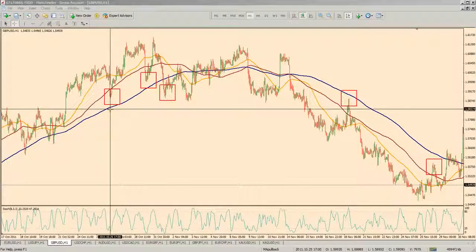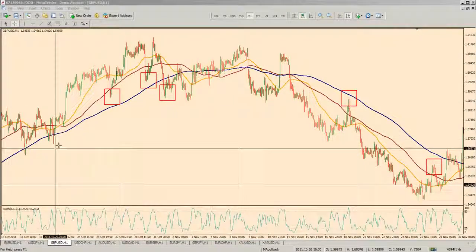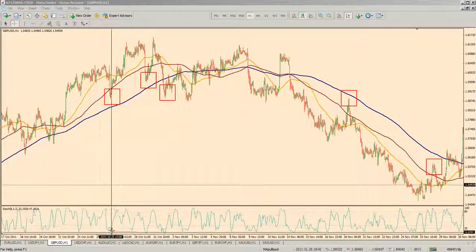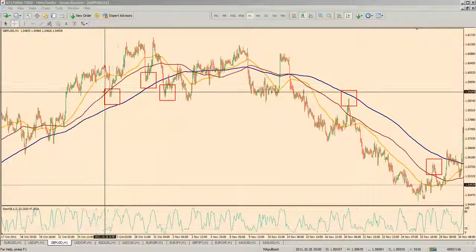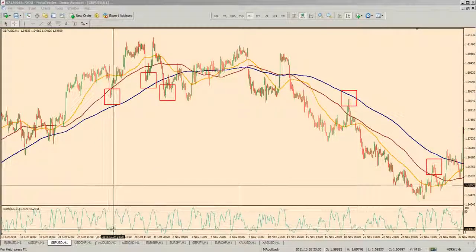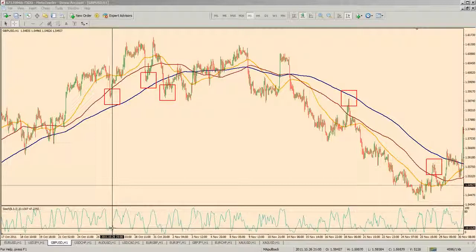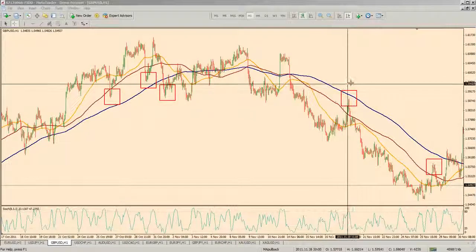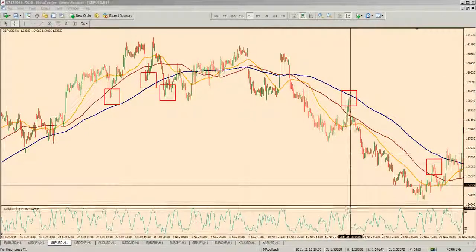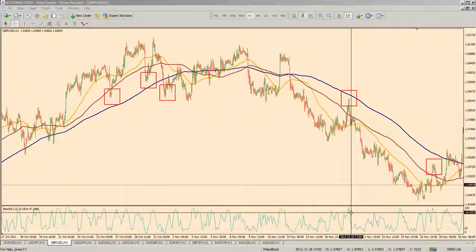Now, if you take a look here, what I'm looking for in an uptrend, and please listen carefully to this because some people get confused by this, in an uptrend we are looking for a cross above oversold, which is at the 20 line. Now, in a downtrend, we are looking for a cross down below overbought, which is the 80 line.